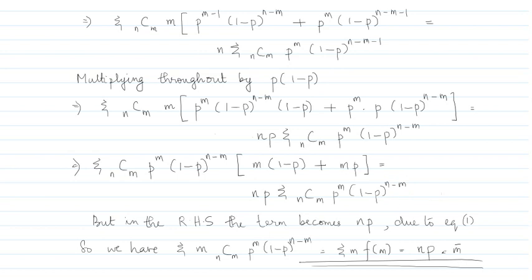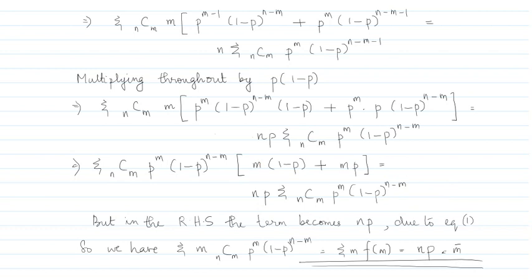But in the case of binomial distribution, we just saw in the previous slide that it is equal to 1. Okay. So on my RHS, I just have np. And now here the terms within the bracket, I will have m minus mp plus mp, and that minus mp and plus mp cancel with each other. So I just have a term m within the bracket.